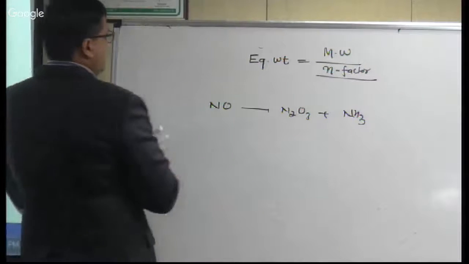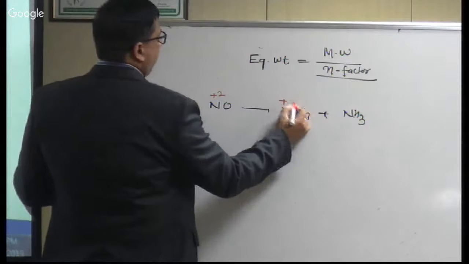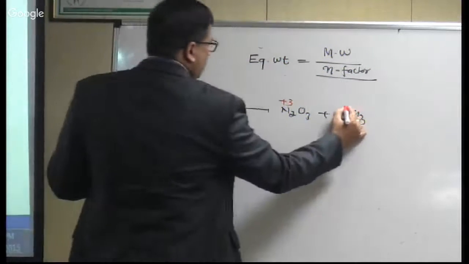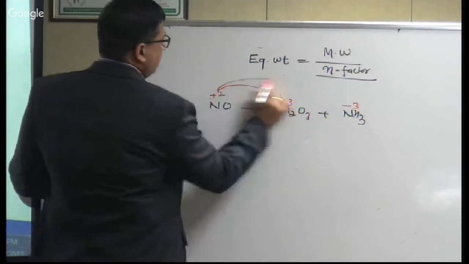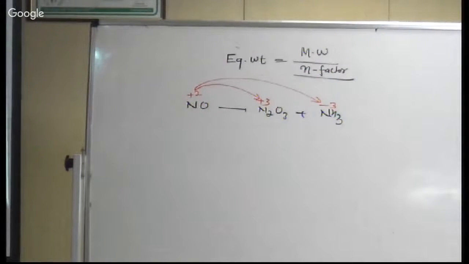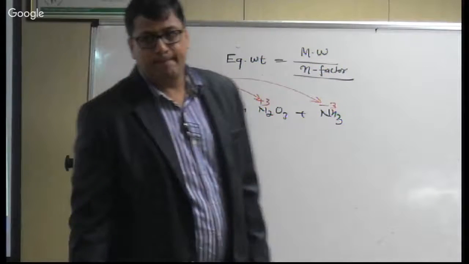See, the oxidation state of this nitrogen is plus 2. This is plus 3, no? So it lost electrons, this gained electrons. Gain and loss both. So what is the n factor of this NO, or what is the equivalent weight of this NO?